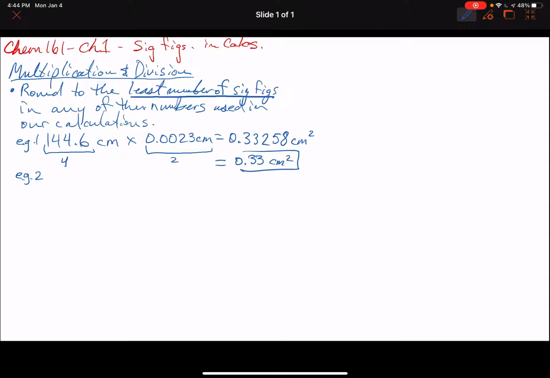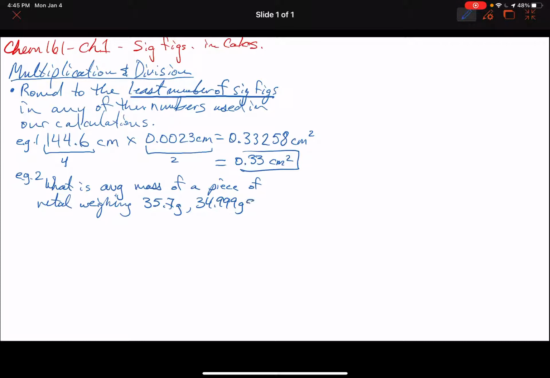Let's say, what is the average mass of a piece of metal weighing, okay, so we're going to get a couple of numbers here: 35.7 grams, 34.999 grams, and the final number, 34.82 grams.